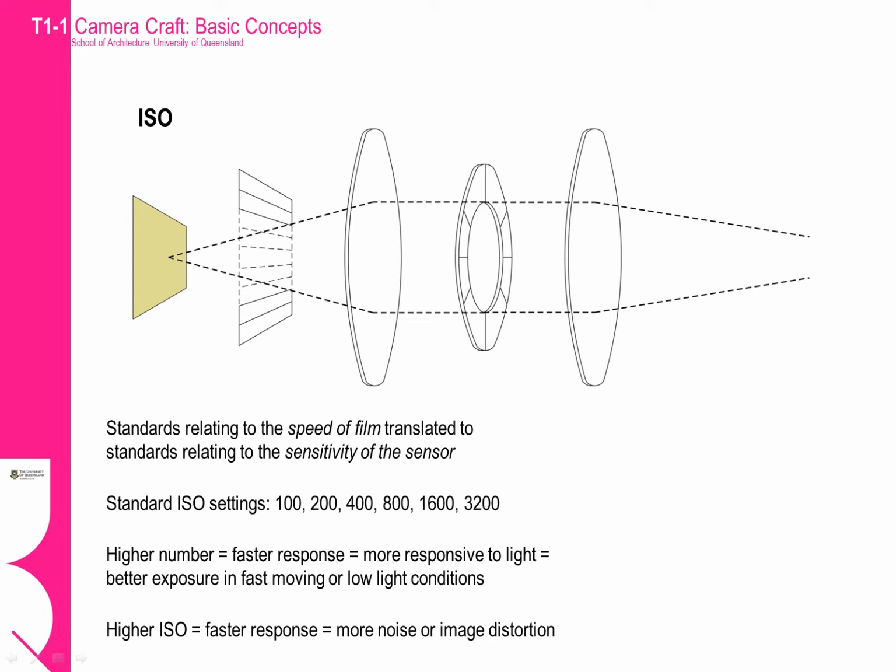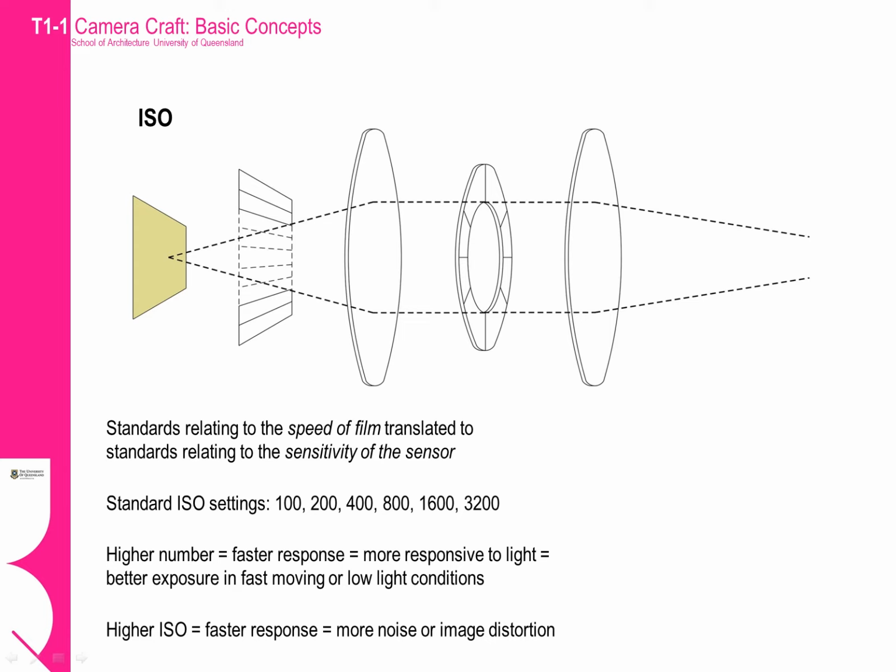With digital technology and sensors, the ISO or light sensitivity of the sensor can be adjusted for every picture. This provides digital photographers a lot more flexibility. ISO ratings and steps are more or less common amongst all digital SLR cameras, stepping up in a scale from 100, sometimes starting at 50, to 200, 400, 800, and so on.